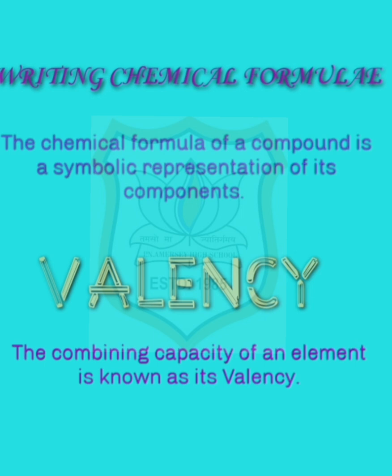In compounds formed with polyatomic ions, the ion is enclosed in a bracket before writing the number to indicate the ratio. If the number of polyatomic ions is 1, the bracket is not required. For example, NaOH, we do not need any bracket.